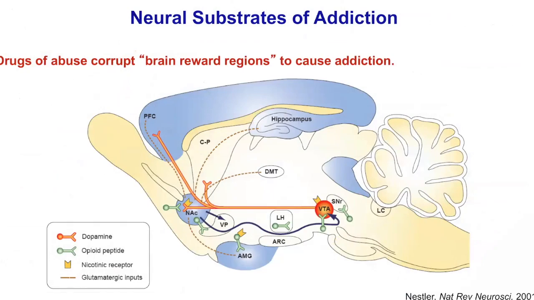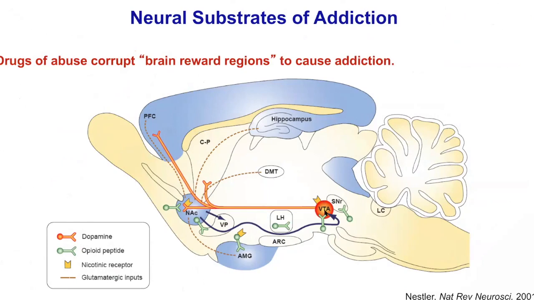In order to do this kind of research, we need to know where in the brain to look, and for that we've relied on a large literature over several decades that has defined so-called brain reward regions. This cartoon shows a sagittal section of a rat brain, a rodent brain. Human brain is highly homologous.